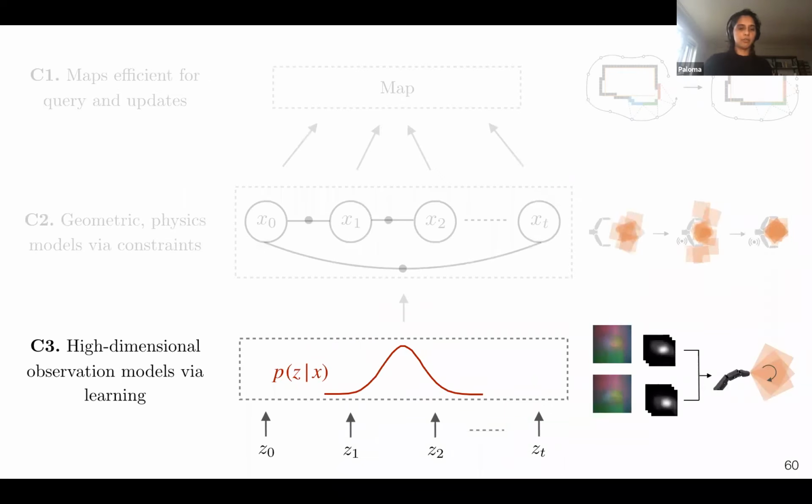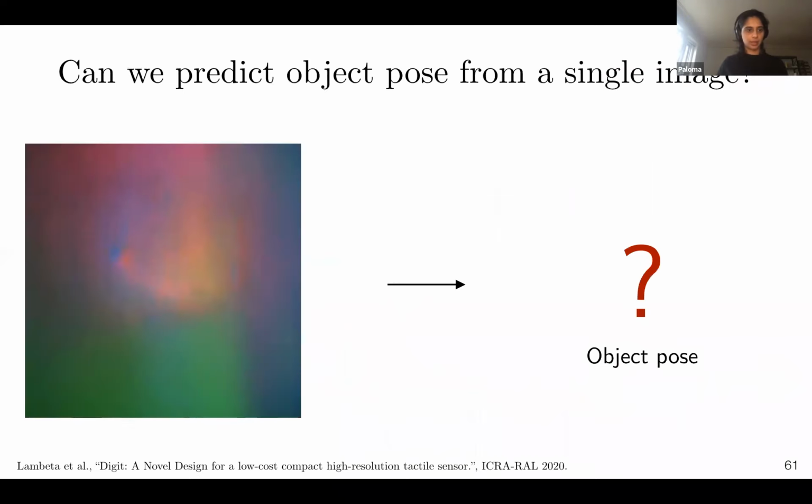So finally, we move to challenge 3. Okay, so let's return to the question that we posed earlier. If we are given just a single tactile image, can we say a whole lot about where the object is?